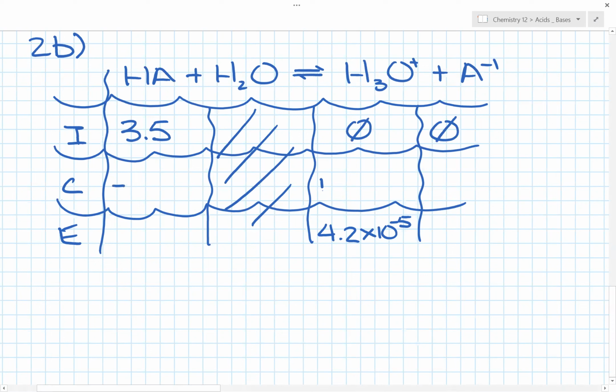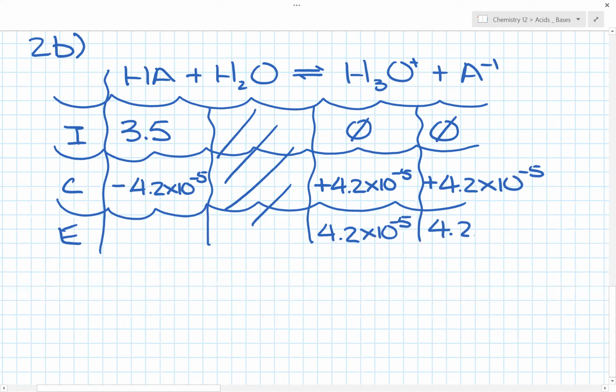This is minus, plus, setting up the same ice tables. This would be 4.2 times 10 to the negative 5, 4.2 times 10 to the negative 5, and then 4.2 times 10 to the negative 5. And here, if we do the subtraction, 3.5 minus 4.2e negative 5, this would be like 3.49996.